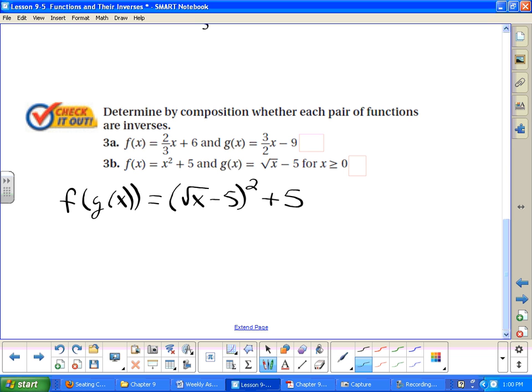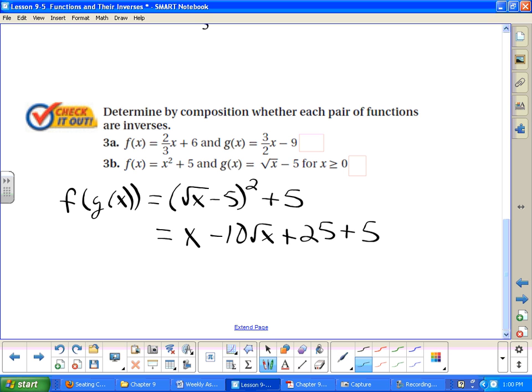Now, the thing is, even if you did this wrong, it's not going to come out to be correct. But if I multiply this out, we get x. If I foiled this, it equals this. Square root of x times square root of x is x.